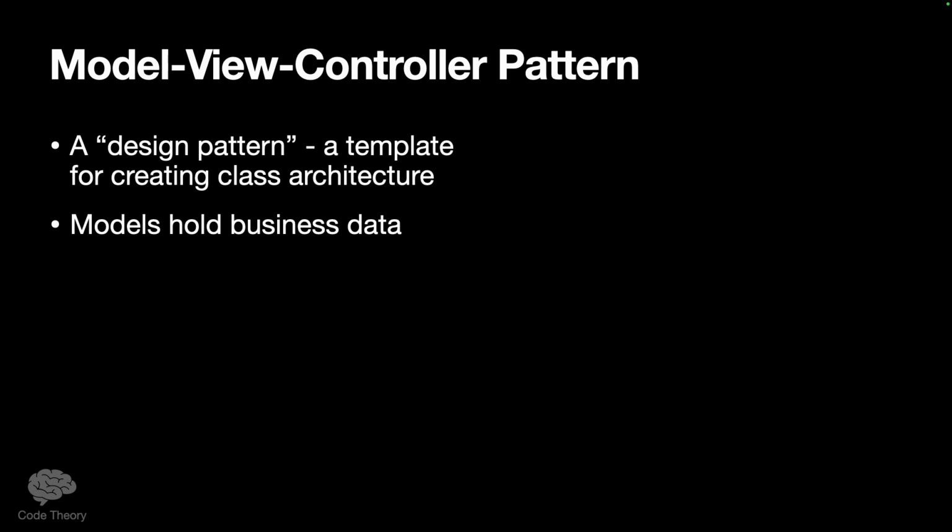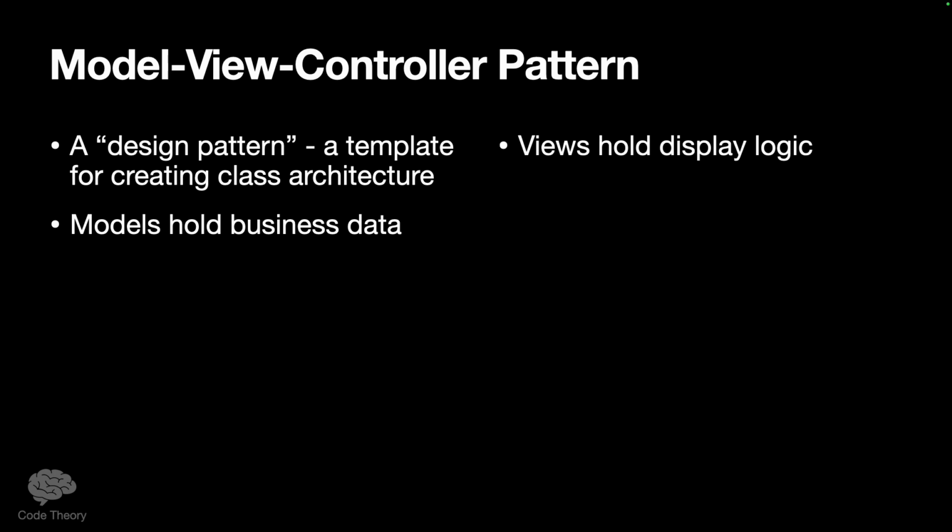So in the model view controller pattern, models hold your business data. Things like user information, just your data types, right? Views hold your display logic. This is how do you draw to the screen? What do you render? What color are you? What does that mean? Well, when you're dealing with pixels and light, it's RGB, but if you're dealing with pigment on paper, it's CMYK, right?